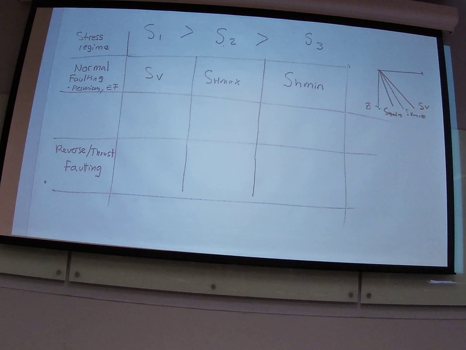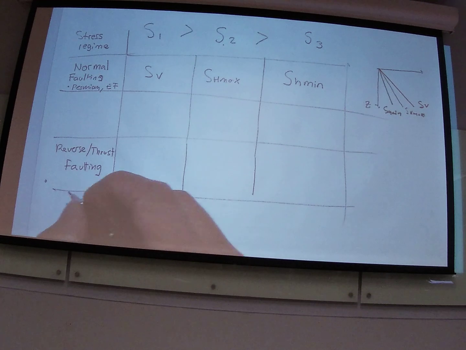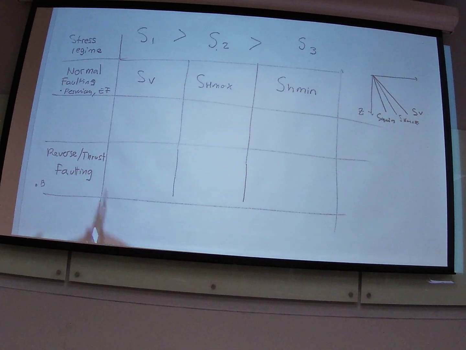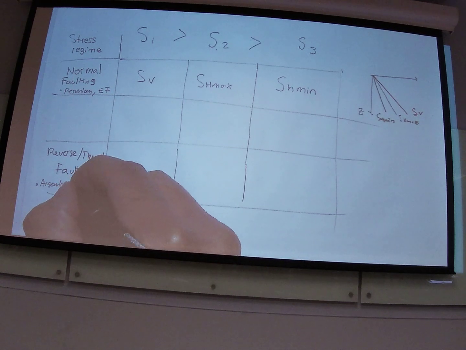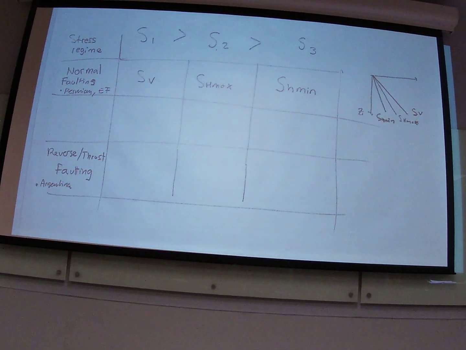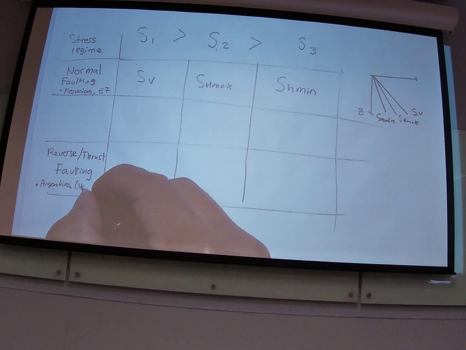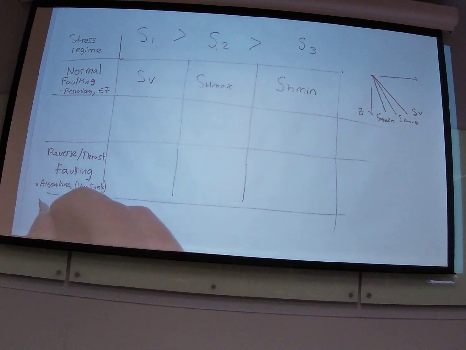Examples of this kind of reverse faulting regime for hydrocarbon producing basins are, for example, one of the most prolific shales, not everywhere, but in some sections, some depths. It's in Argentina, called Vaca Muerta Shale.